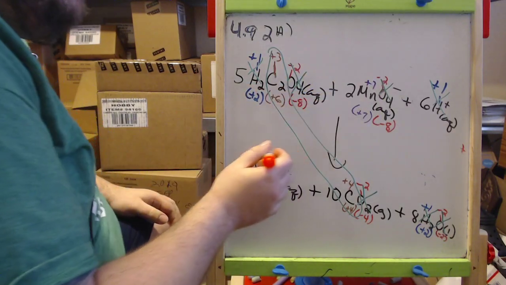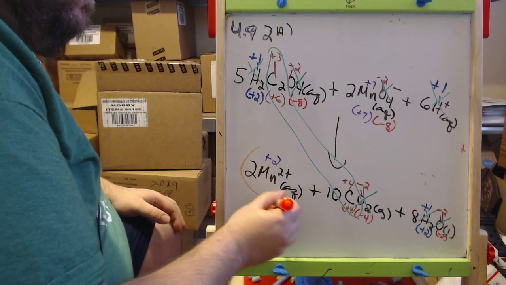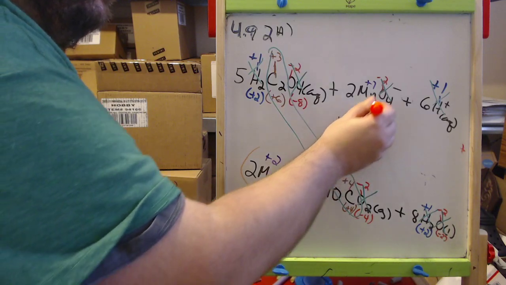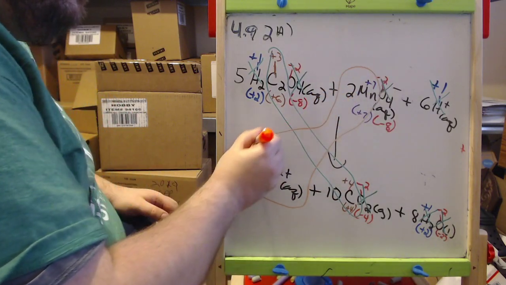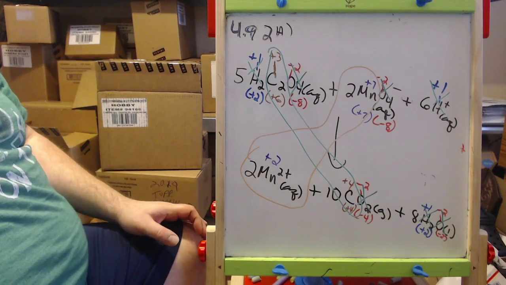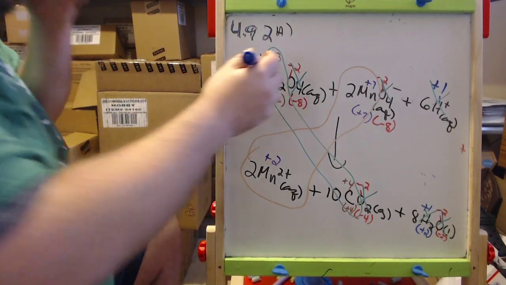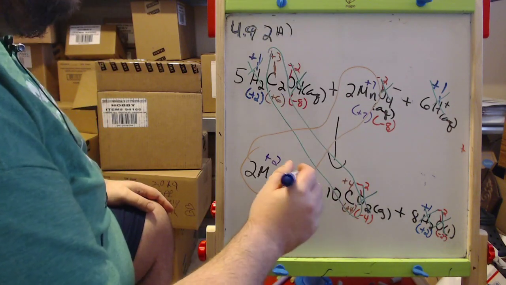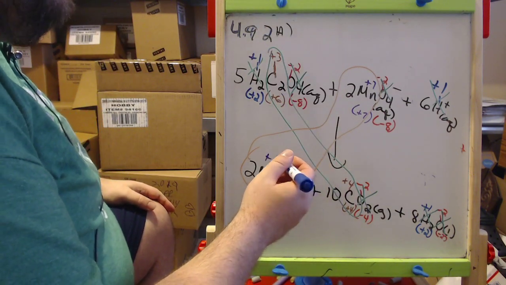Manganese went from +7 to a +2. That did change. Let's see what change we had. Carbon went from a +3 to a +4. It became more positive.